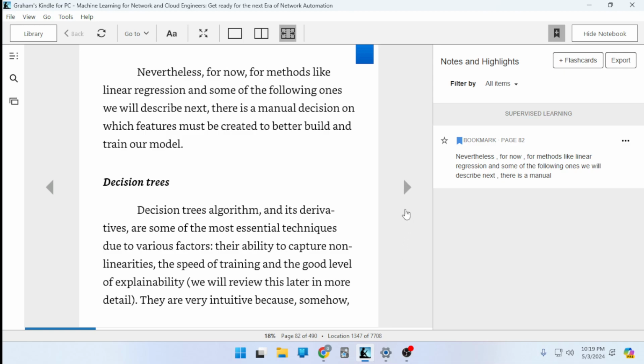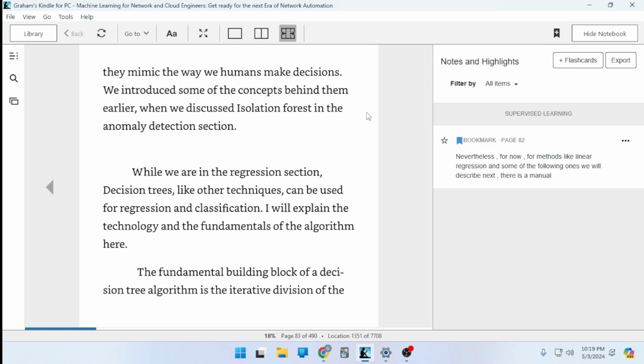They are very intuitive because somehow they mimic the way we humans make decisions. We introduced some of the concepts behind them earlier when we discussed isolation forest in the anomaly detection section, and unfortunately, I don't remember any of that.